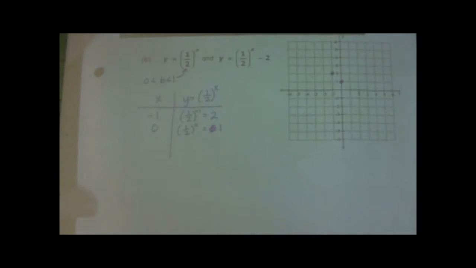I've got negative 1, 2, right here, and 0, 1. So notice, you can tell already this is going to have some different kind of shape here. So let's put in 1. All right, so this is 1/2 to the 1 power, which is just 1/2. So I have 1, 1/2. All right, let's do this. Let's put in negative 2.